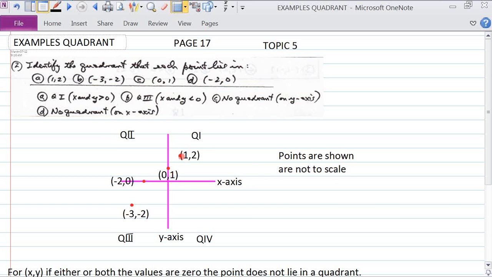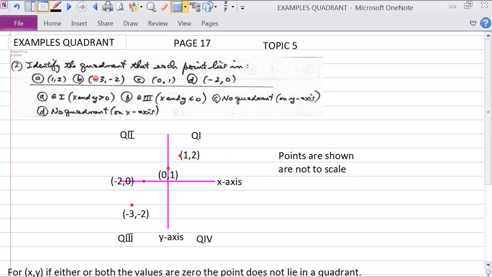We don't have to be perfect in this. You can see very clearly that this is in quadrant 1. And this is what we said, if both the x and y values are greater than 0, in other words, if both the x and y are positive, then the point must be in quadrant 1.